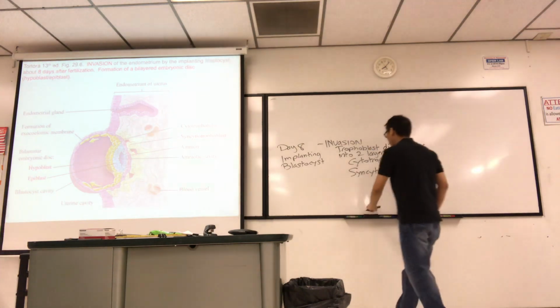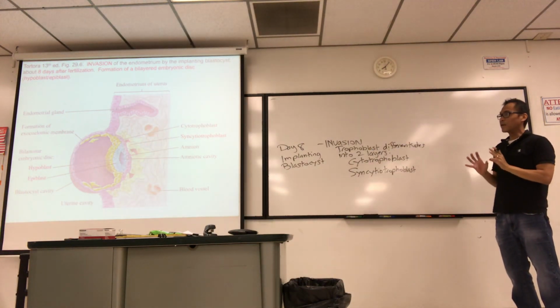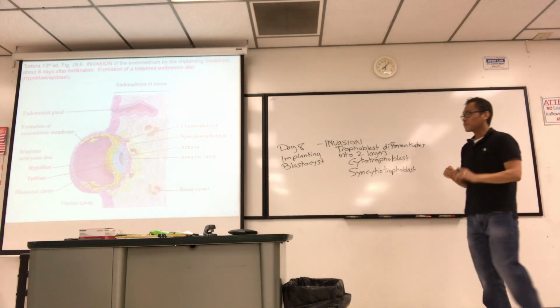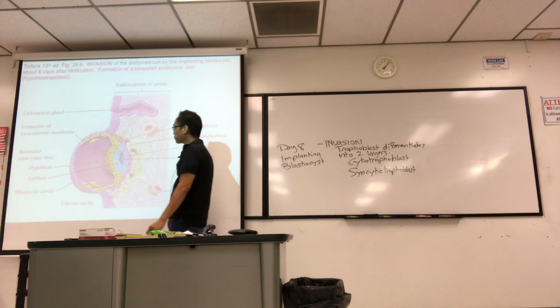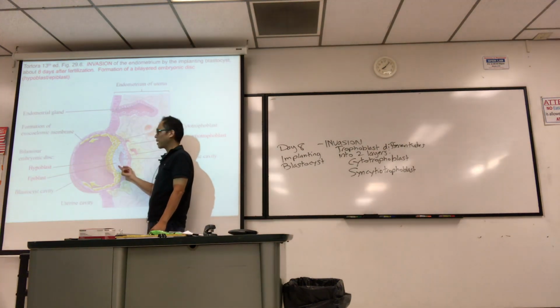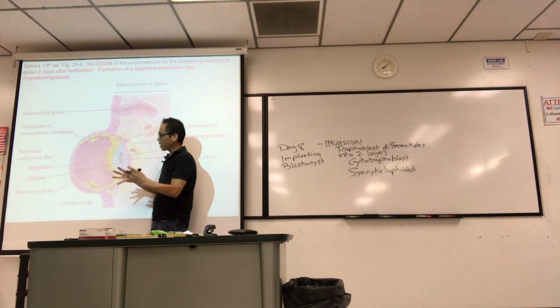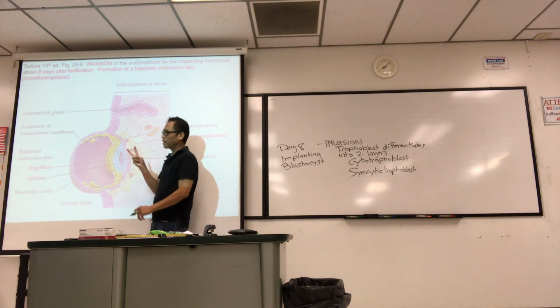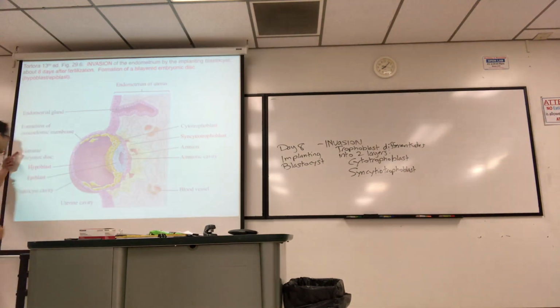A lot of things happen in the first week. That cytotrophoblast is just a cellular boundary around the inner cell mass. And the inner cell mass is actually not inner cell mass anymore. The blob of cells that was the inner cell mass has organized into 2 layers of cells called bilaminar, which means 2 layers, the bilaminar embryonic disc.